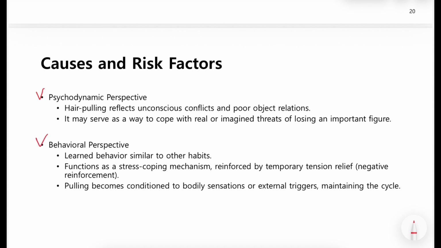From the behavioral perspective, trichotillomania is seen as a learned behavior similar to other habits. It often functions as a stress coping mechanism reinforced by the temporary relief of tension, which is an example of negative reinforcement. Over time, hair pulling becomes conditioned to bodily sensations or external triggers, which helps maintain the cycle of the behavior.